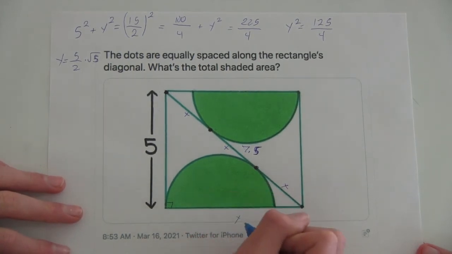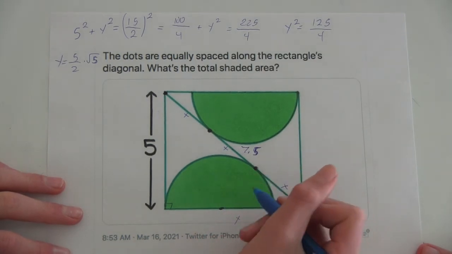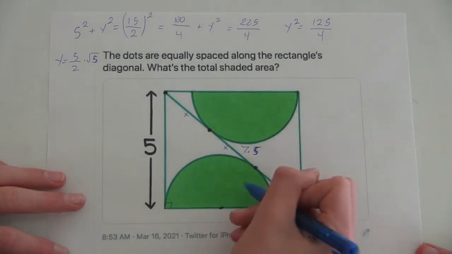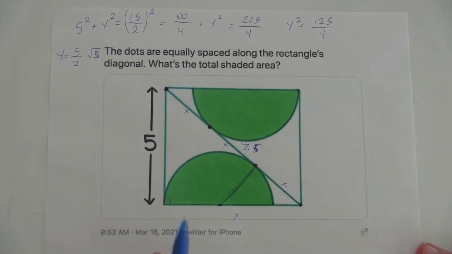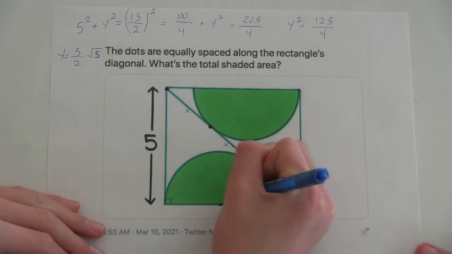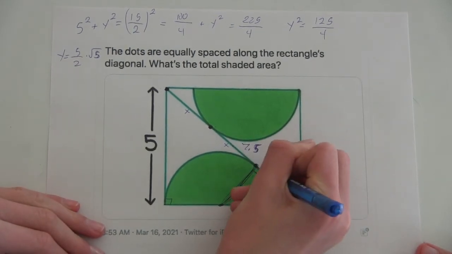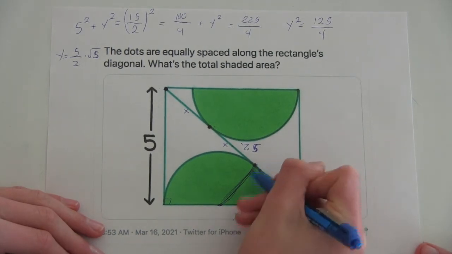And then ideally we would want to find the radius of this semicircle, so we can find the shaded area. So I drew in this line, which is perpendicular here, because it comes off a tangent line.